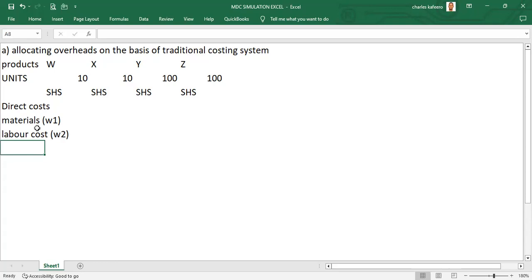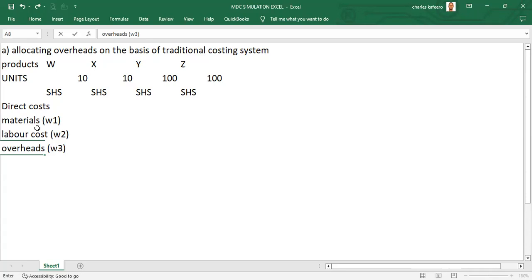And the last one will be the overhead. They have given us the different overheads. The overheads are also going to be in our working, let's call it working 3, because they have told us the details of the cost, the different overheads that were incurred.